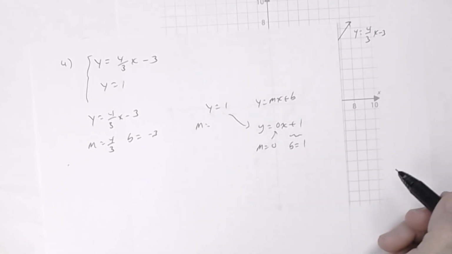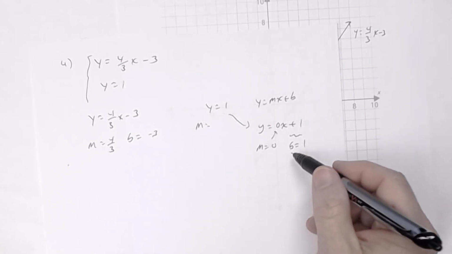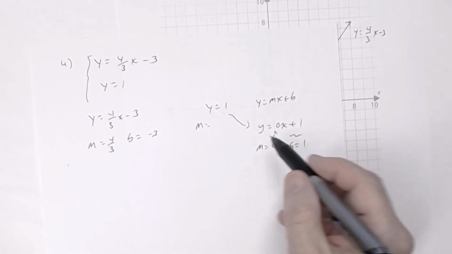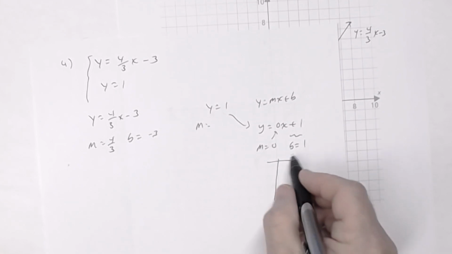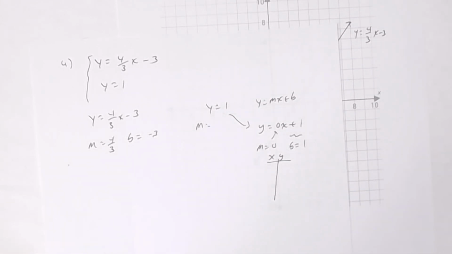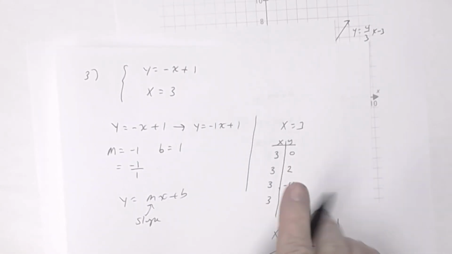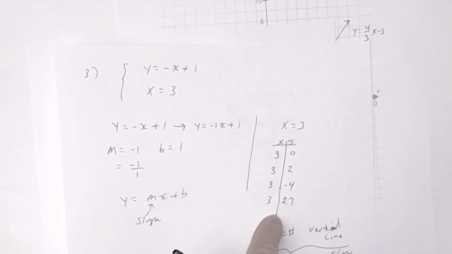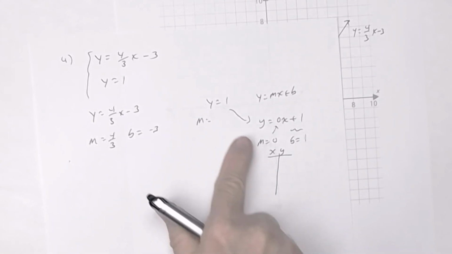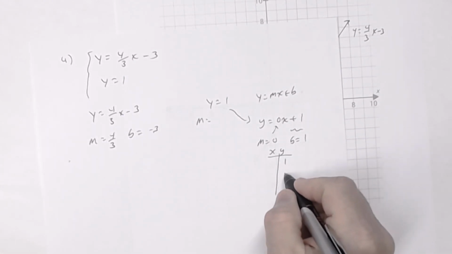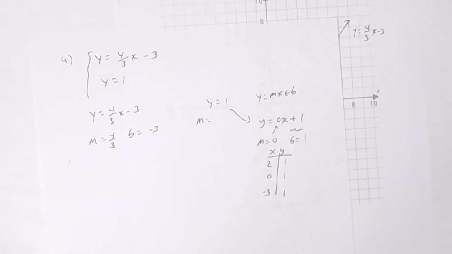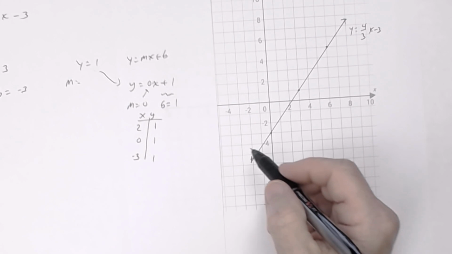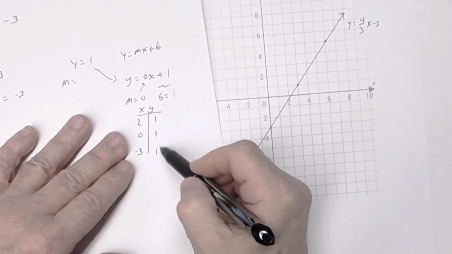Most students have trouble thinking with this when they want to graph it. So what some students will do is think about y equals 1 as a t-table, just like we did with this one. This means that x always equals 3, no matter what y is. Over here, this means y always equals 1, no matter what x is. So when I graph this, notice my y is 1.